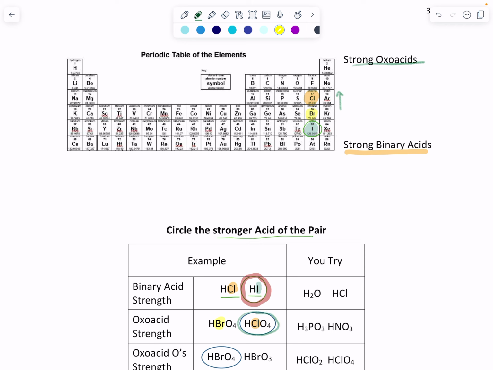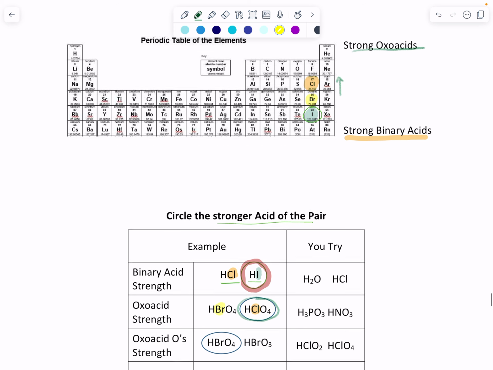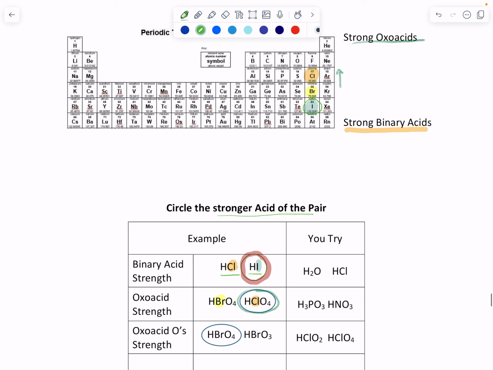You've got to keep it straight. If you're an oxo acid, upwards is stronger. If you're a regular old acid with no oxygens, downwards is stronger. And then here's this one, the oxo acid strength. If I'm comparing 4 oxygens to 3, as long as I've got the same element in the middle, the 4 is going to be the better one.